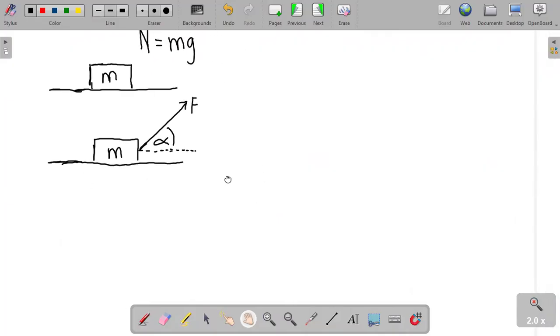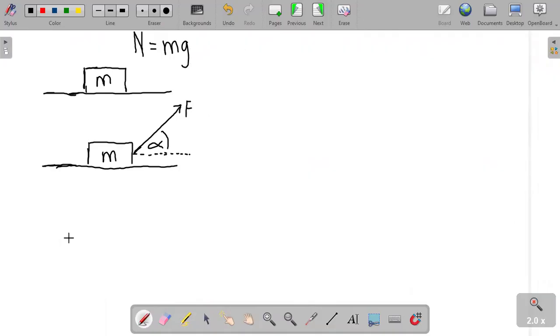So you can have another case where, again, you have a horizontal surface, an object with mass m, and the same force acting diagonally downwards, with angle alpha and a force F.